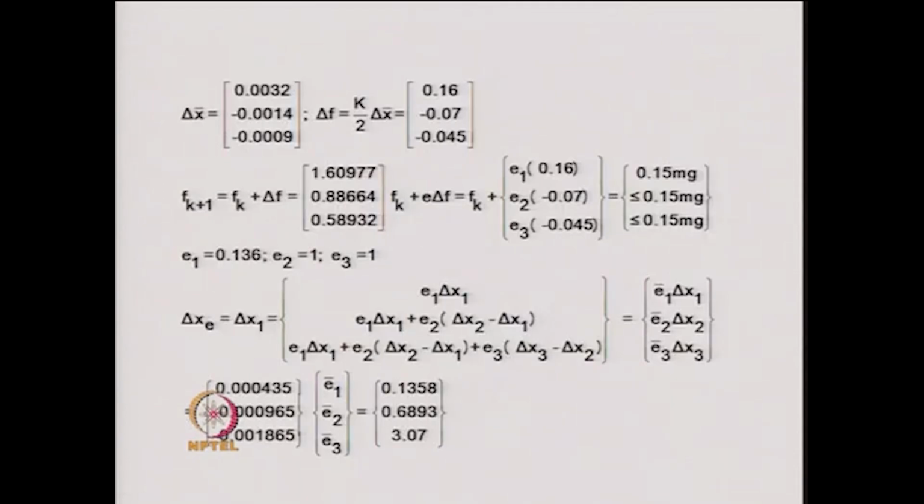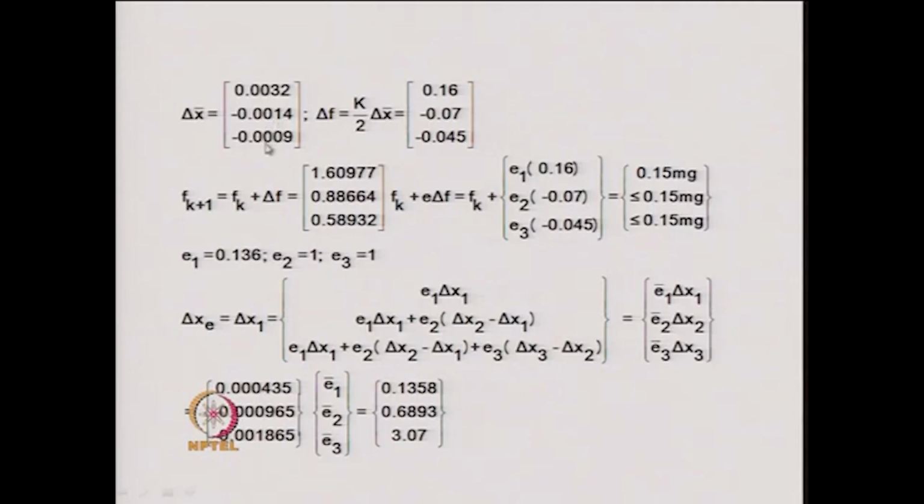this. Now, from the incremental displacement that is calculated, we find out the drift between the different floors, and the drift is shown by delta x bar. The drift for the first floor is same as the displacement itself, 0.0032. The drift for the second floor will be the displacement of the second floor minus the displacement of the first floor.